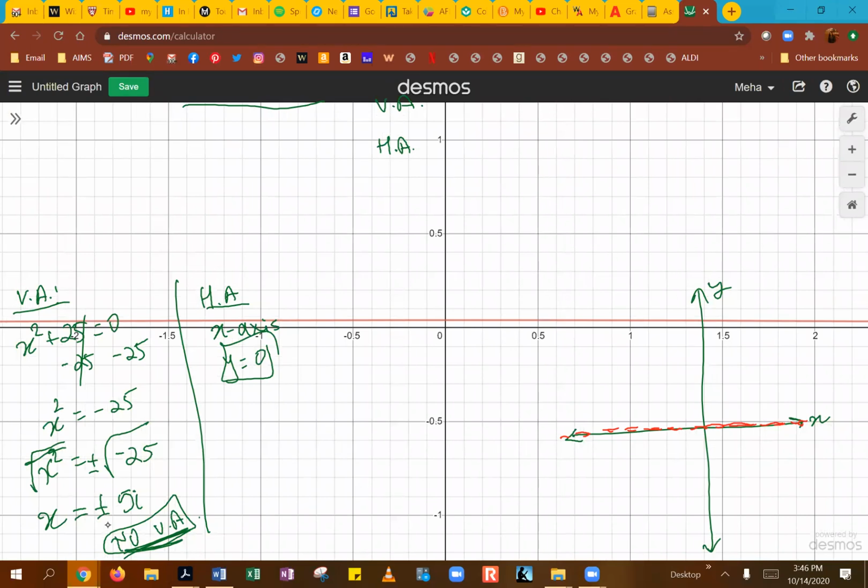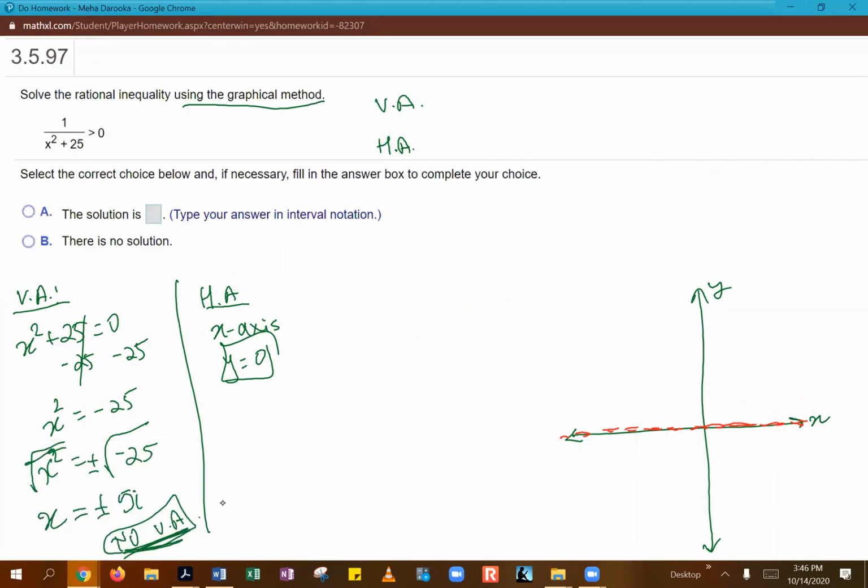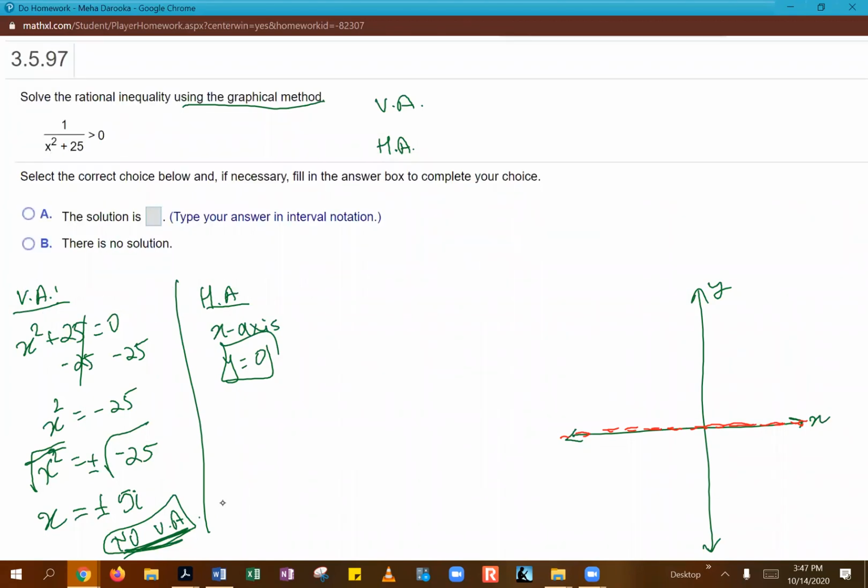Now, if you wanted to find out where your intercepts are, you can take the entire function and set it equal to 0 to help you find the x-intercept. We make the y value 0, so you would end up getting 1 over x squared plus 25 equal to 0.